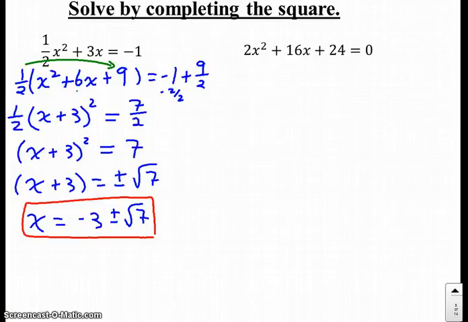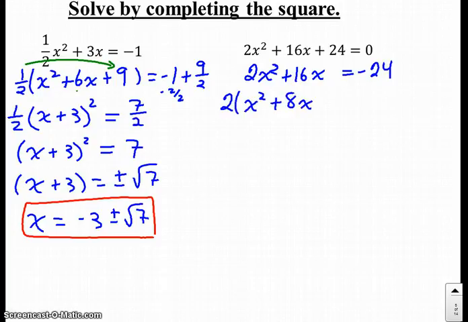2x squared plus 16x plus 24. Again, let's isolate the variables on one side of the equation. Let's factor out the 2, so I've only got a coefficient on the x squared term of 1. I take half our middle term, half of 8, which is 4, and I square that, so I add 16 to the left side, and I would add 16 times 2, or 32, to the right side.